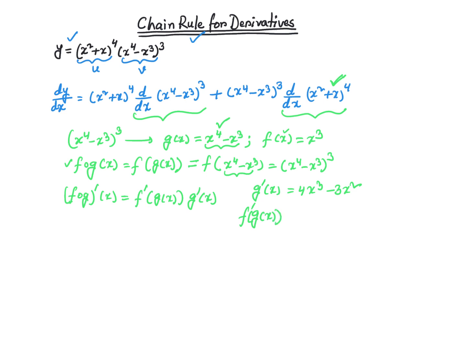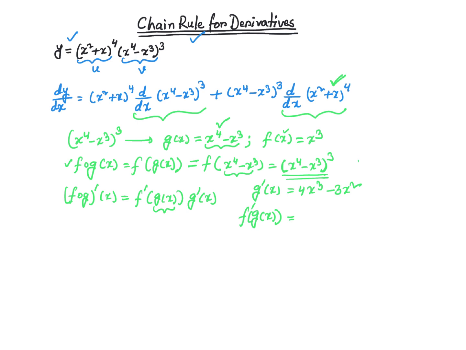And that is going to be very easy to find. Again, think of g of x as the input. You are taking the derivative of f with respect to g of x. So I'm going to think of what is inside the parentheses as a single variable, and we could call it u.